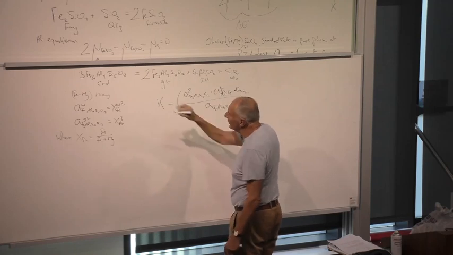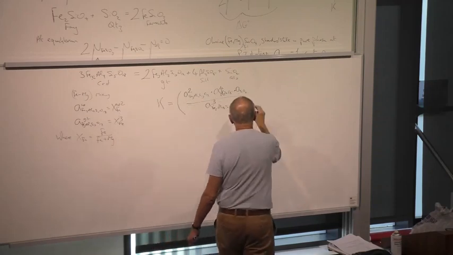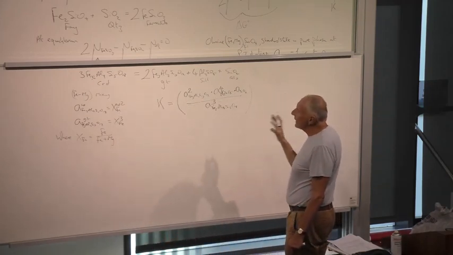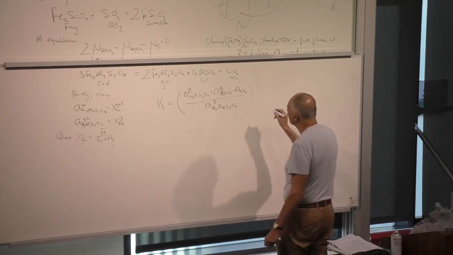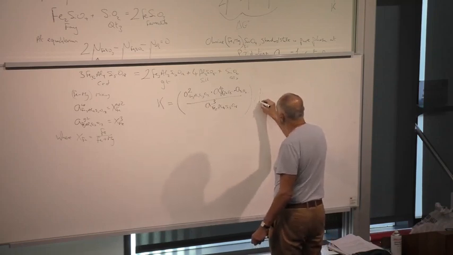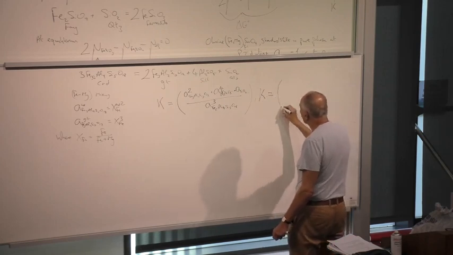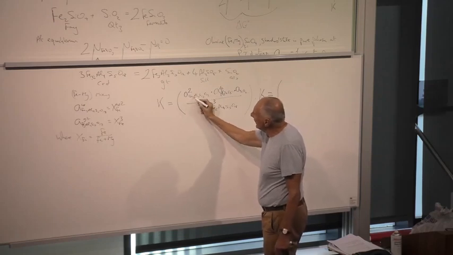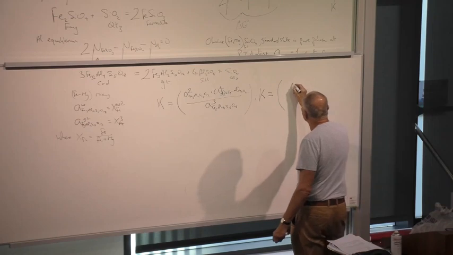Sorry, cubed, because there are 3 here. Now, if we assume all activities are 1 except for the garnet and the cordierite, K then becomes equal to, this is XFe in the garnet cubed, the activity, and it's all squared, so it's x to the 6th.